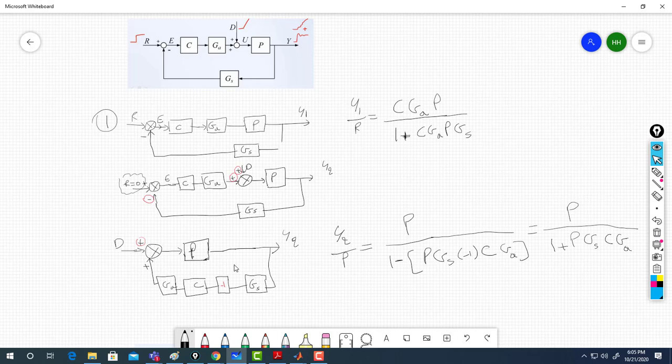Why is it not y2 over d, not P? Let me answer first the question and then I'll go back to the second. Rami, you're asking why you put here minus 1. This minus 1 came from here.